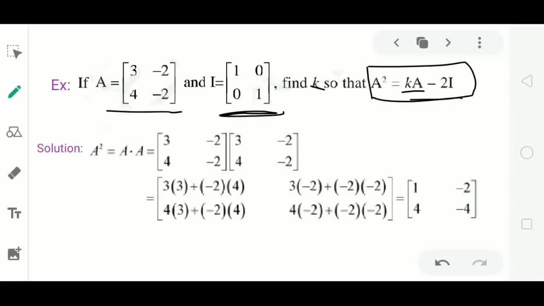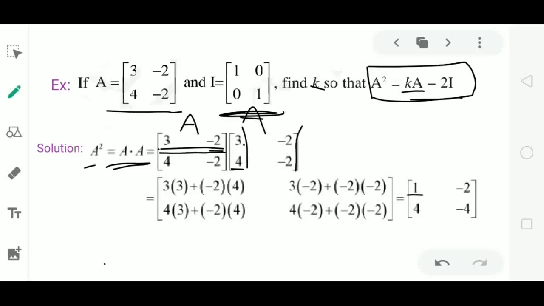First, let us find A square. A square is obtained by multiplying the matrix A with itself. So, multiply A and A. First row, first column, 3 into 3 plus minus 2 into 4 is 1.